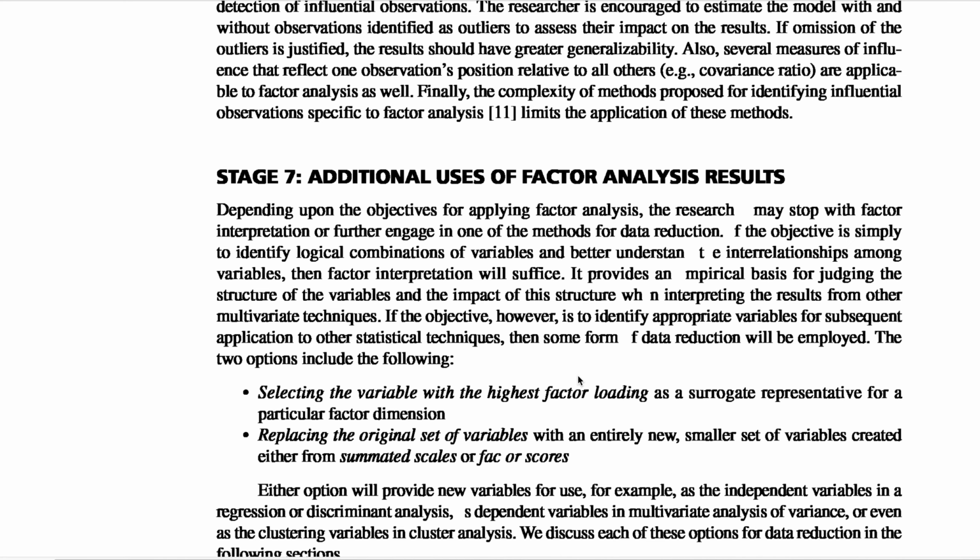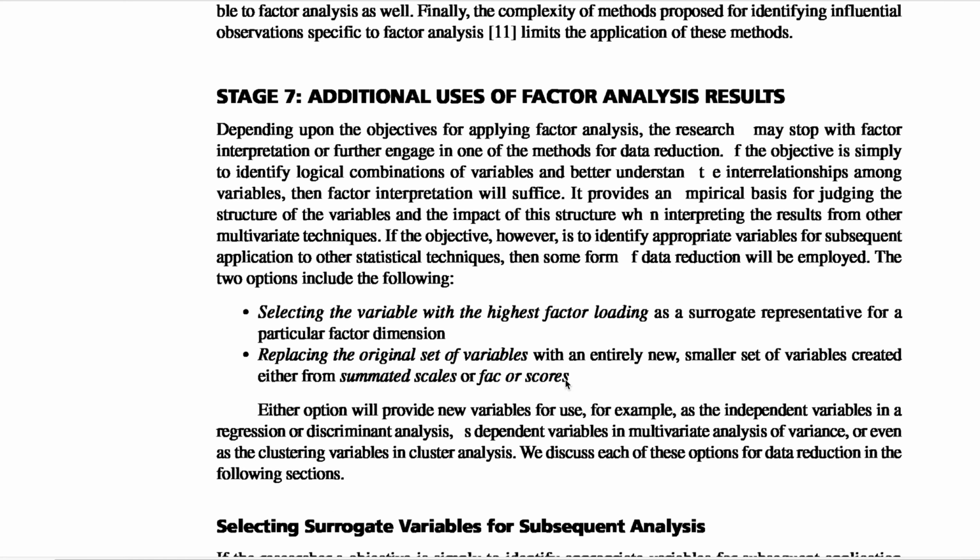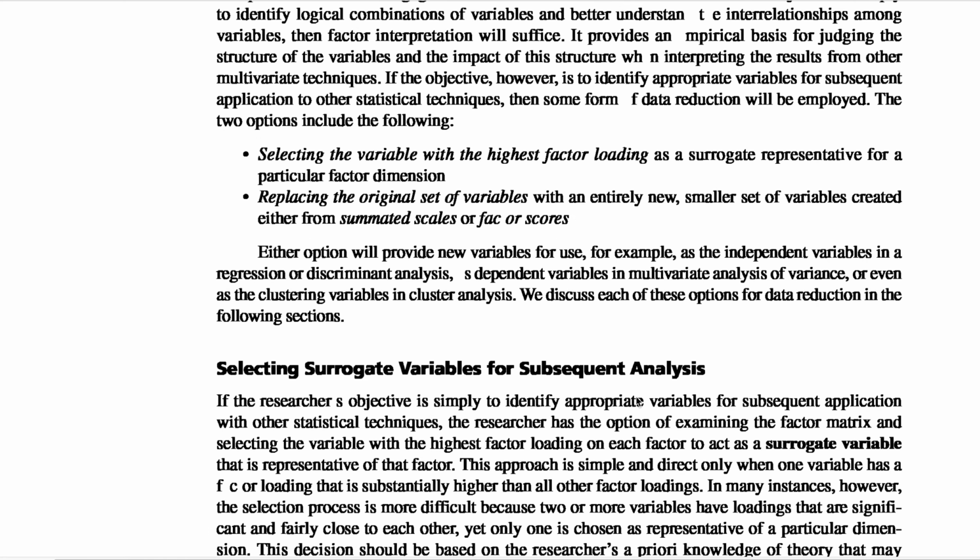The two options include the following. First is selecting the variable with the highest factor loading as a surrogate representative for a particular factor dimension. Second is replacing the original set of variables with an entirely new, smaller set of variables created either from summated scales or factor scores.